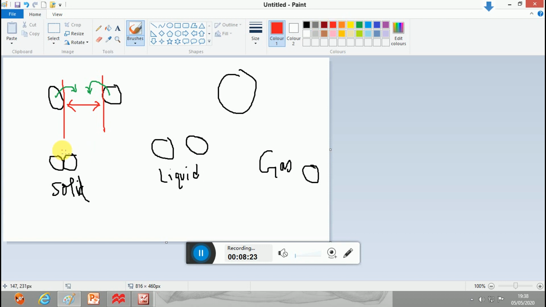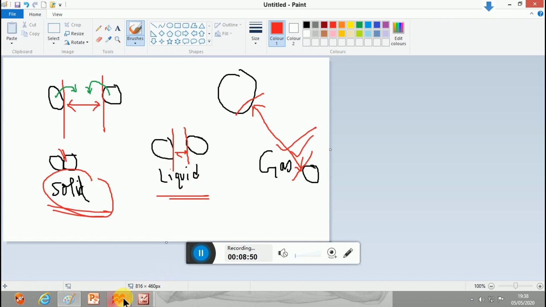Look at this, intermolecular space least. This is the intermolecular space in the liquid. Look at this intermolecular space between the gas molecules. The highest for gas molecules, least for solid, and intermediate for liquid.